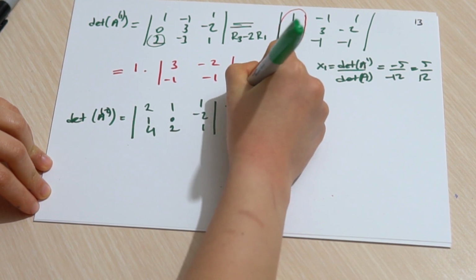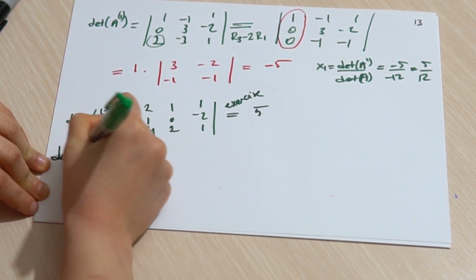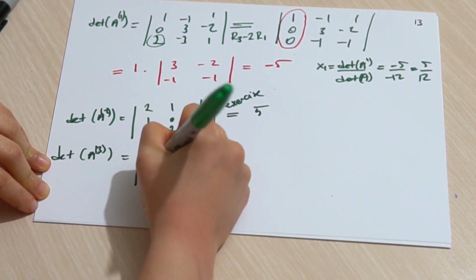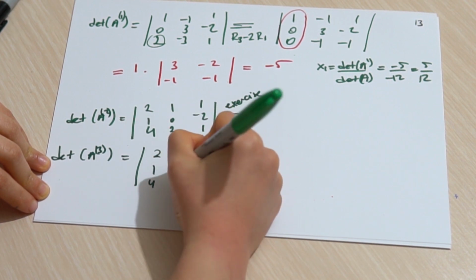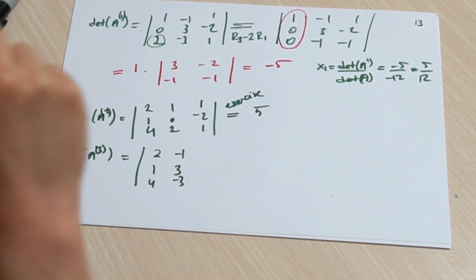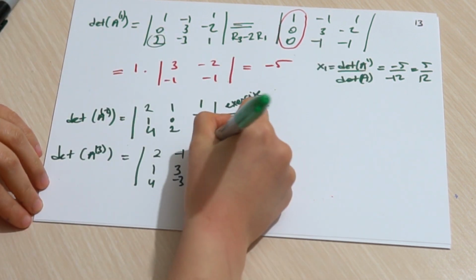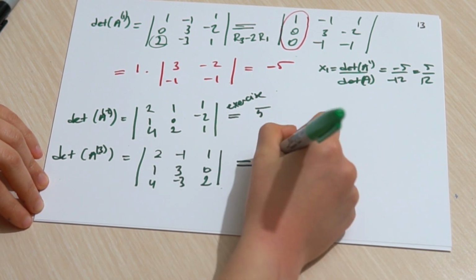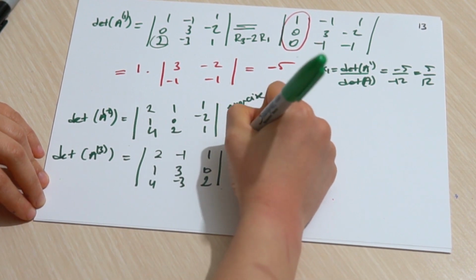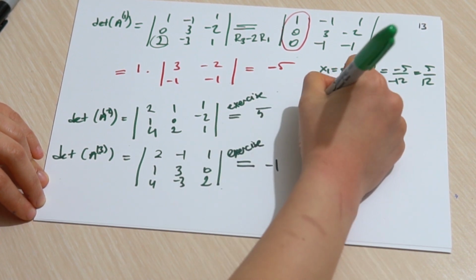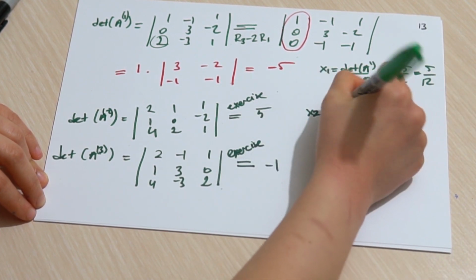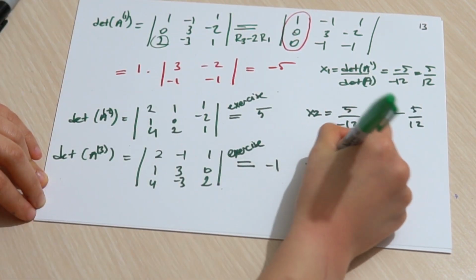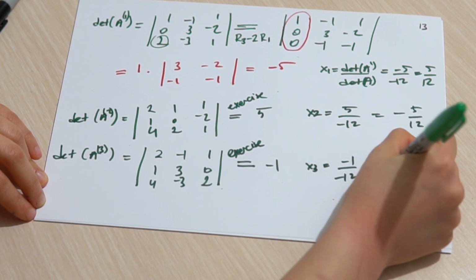This is an exercise for you. And the determinant of A3. A3 will be 2, 1, 4, minus 1, 3, minus 3. Column 1 and column 2 don't change, and we write 1, 0, 2 instead of B. And the determinant of this one will be minus 1. This is an exercise for you again. So x2 will be equal to 5 over minus 12, minus 5 over 12. And x3 will be minus 1 over minus 12, equal to 1 over 12.